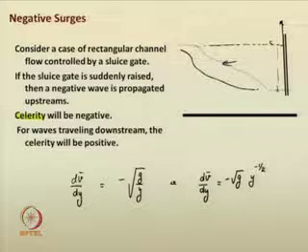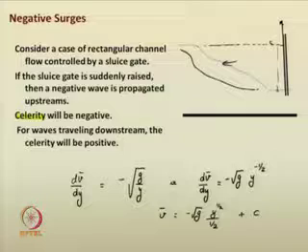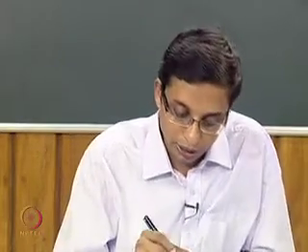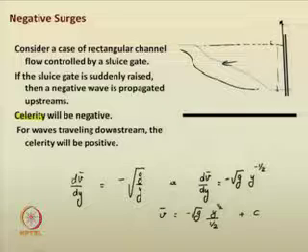Integrating, I will get V is equal to minus root g y to the power of half by half plus some integration constant c. But we have not actually reached a conclusion. We do not know the constant of integration, so for such a situation we can evaluate it properly.